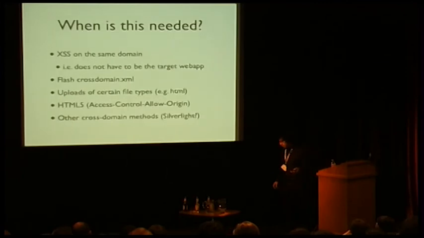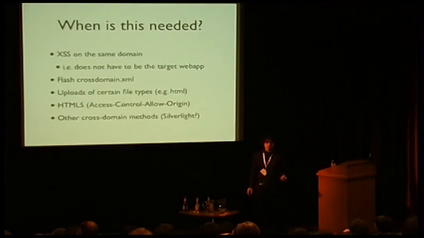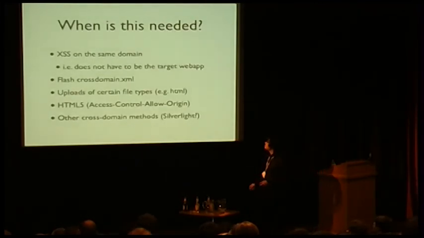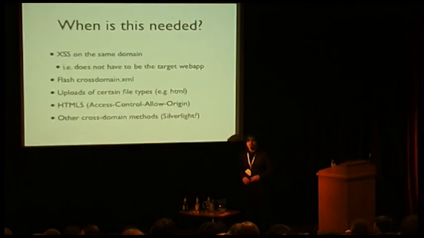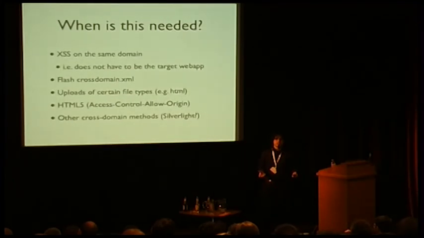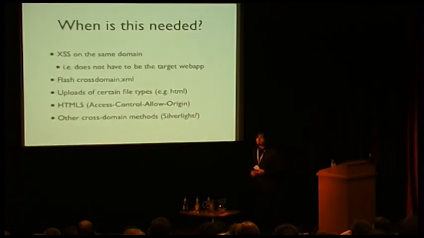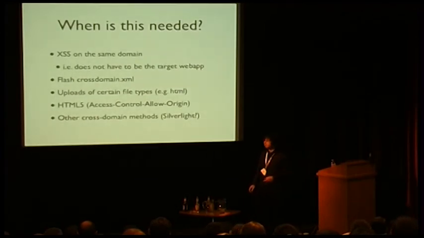So in which cases is this sort of thing needed? Obviously, we covered the first three: cross-site scripting, Flash cross-domain, and uploads of certain file types, HTML especially. But if you can upload some other file types, then you might also be able to run your code within that domain's privileges.